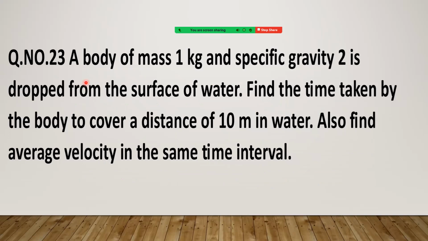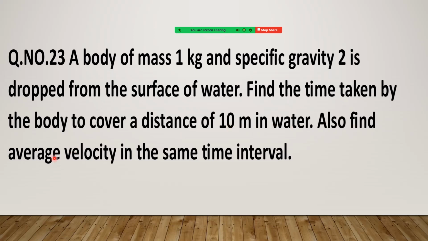Now see simple questions based on this. The first one: a body of mass 1 kg, specific gravity 2. Specific gravity means density of the body upon density of water. It is dropped from the surface of water. Find the time taken by the body to cover a distance of 10 meter in water.